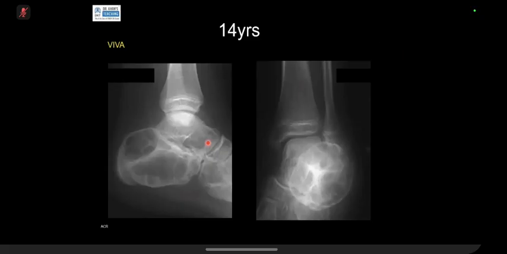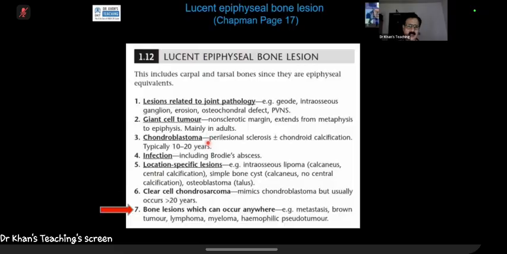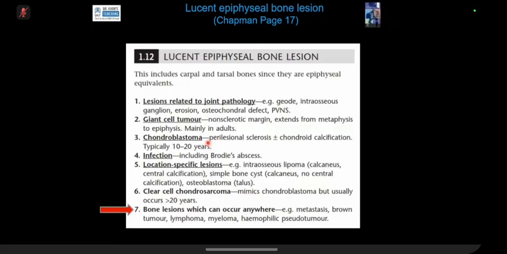Okay, good. So that's the correct answer. So then what? You said ABC. What else? The differential is in front of your eyes. Expansile. Then I think it can be from the miscellaneous category.